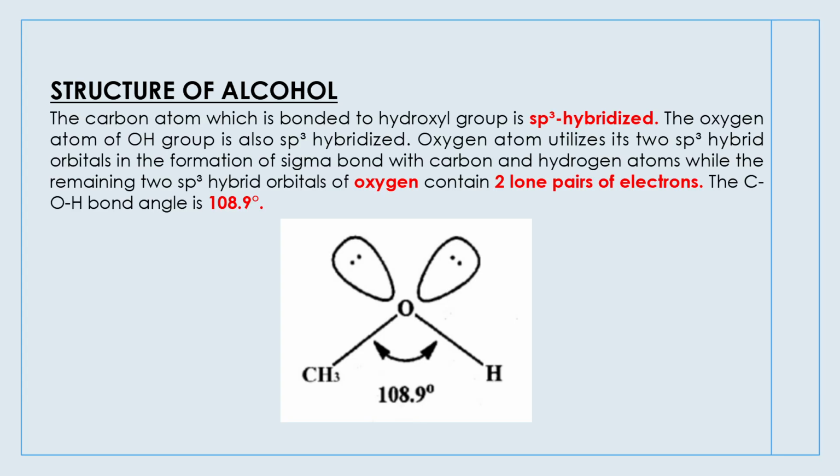How can you write it down or report it? The carbon atom bonded to the hydroxyl group is sp3 hybridized, along with the oxygen atom that has the hydroxyl group, which is also sp3 hybridized, which means the overall hybridization is sp3.